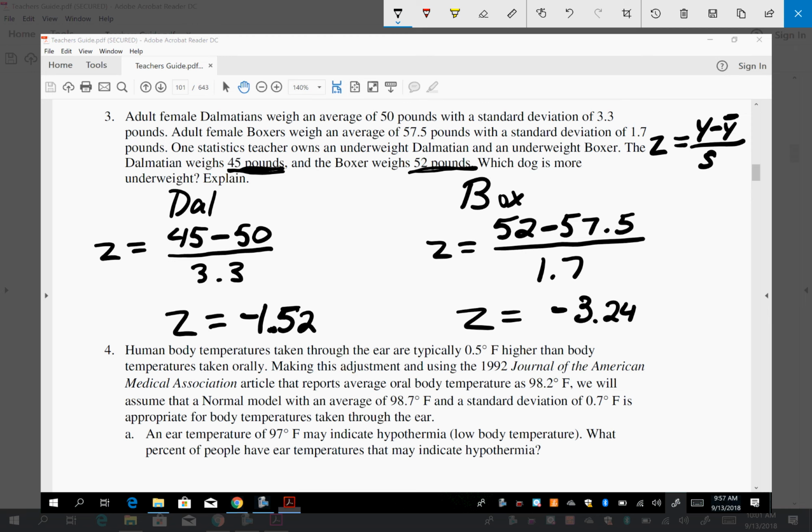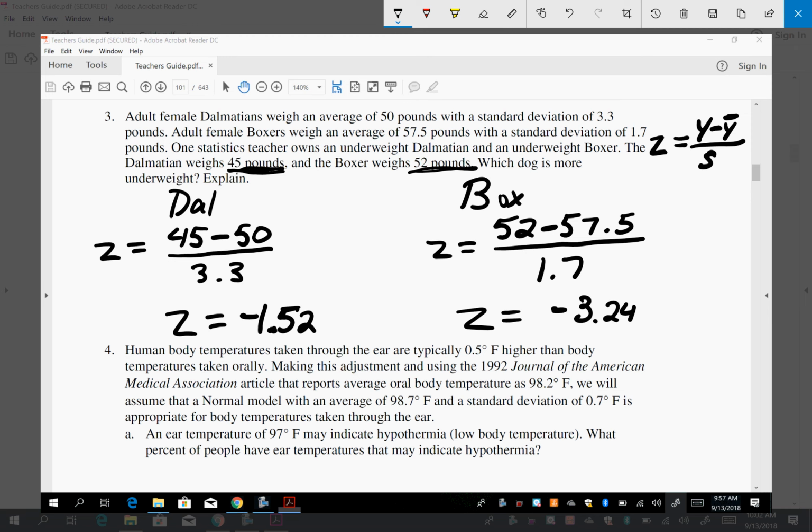So again, did you see me write a sentence? What are you going to do tomorrow, though? Write a sentence. You need to say that the boxer is more underweight because the boxer has a lower z-score than the female Dalmatian. You don't have to go far. You don't have to say that they should take him to the vet.